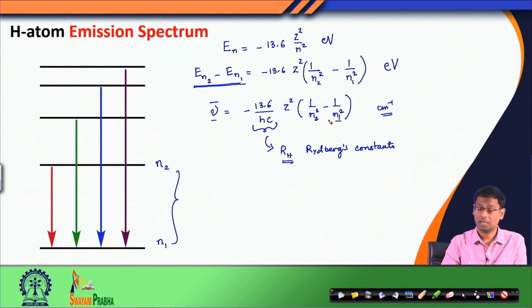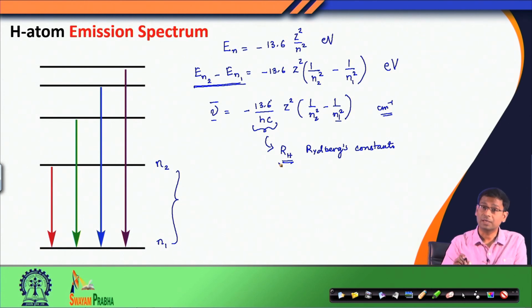With n1 as 2 and n2 greater than 2, we get the Balmer series, and so on and so forth. So, all the series, Lyman, Balmer, Paschen and so on, could be described by a single relation using this Rydberg constant, and now we see that we are reproducing this Rydberg constant from the energy levels that we obtained from the quantum mechanical solution of the hydrogen atom problem.